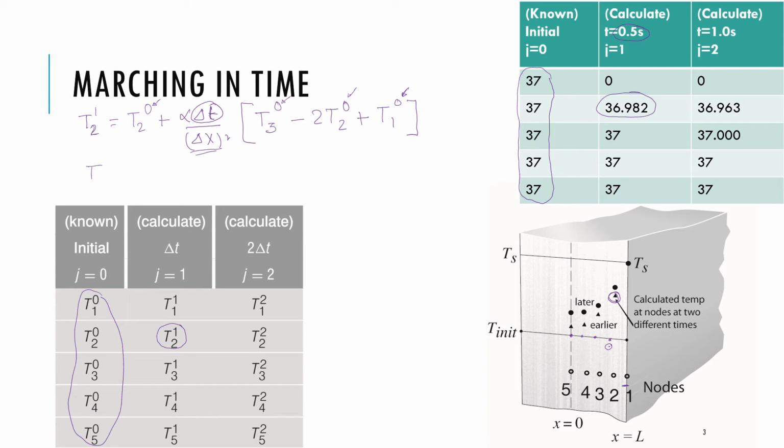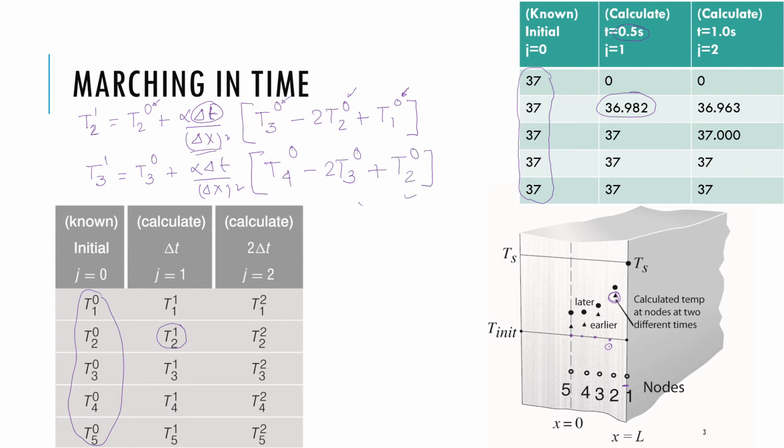similarly I can write an equation for T3. So T31 is equal to T30 plus alpha delta T over delta X square times T40 minus 2T30 plus T20.